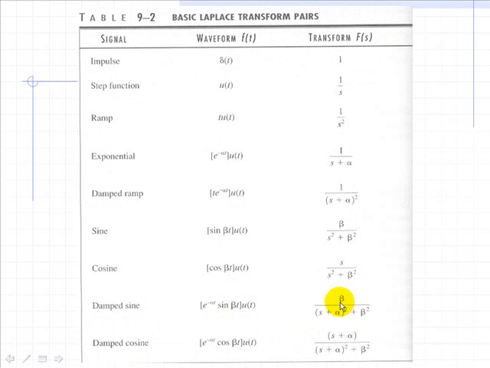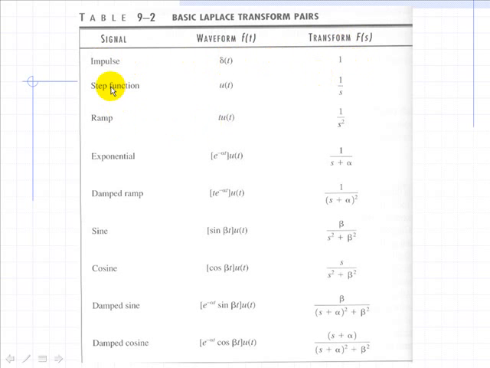Here are some of the functions that we just looked at. We didn't look at the damped sinusoid, but we'll get to that. The impulse is just a constant.